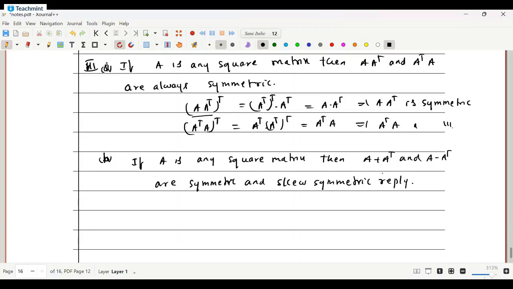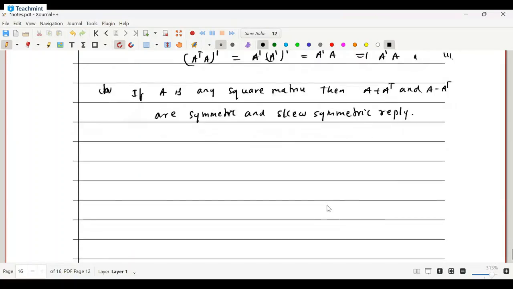So if A is any square matrix, then A plus A transpose is always symmetric, and A minus A transpose is always skew symmetric. Then proof is needed, I think.